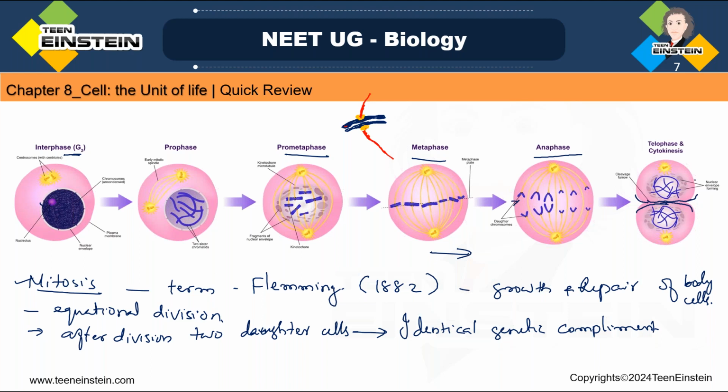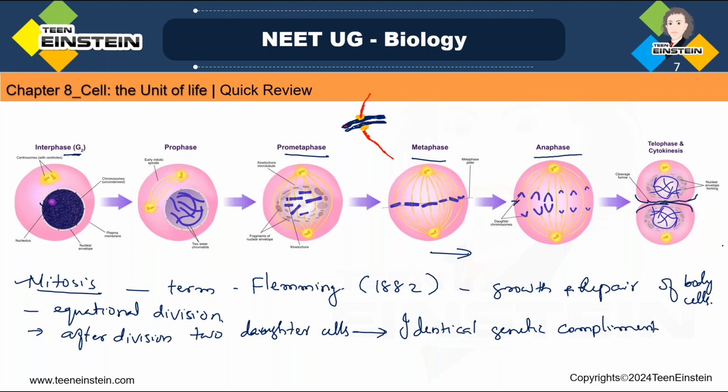Here the nuclear envelope will form. Okay, karyokinesis over means the nuclear envelope will form on the newly formed genetic material, to cover that genetic material, so separate nuclei will get formed in the telophase.